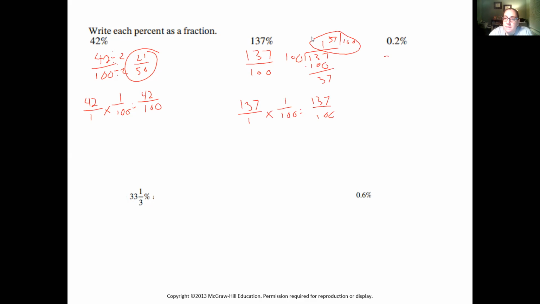0.2%, 2/10 times 1 over 100 is going to give us 2 over 1,000, which reduces, we divide by 2, 1/5. Or, sorry, 1/500.